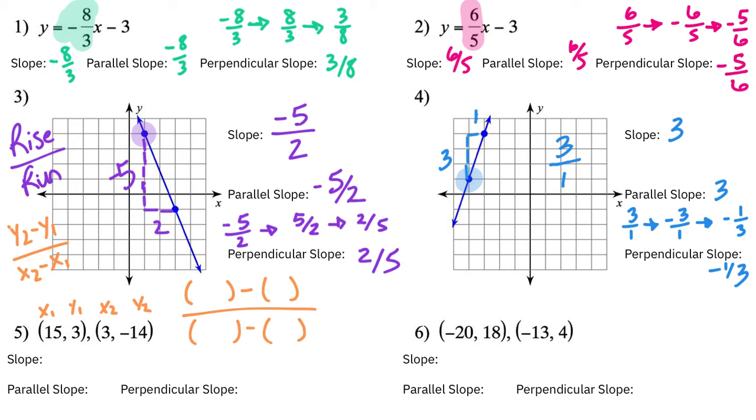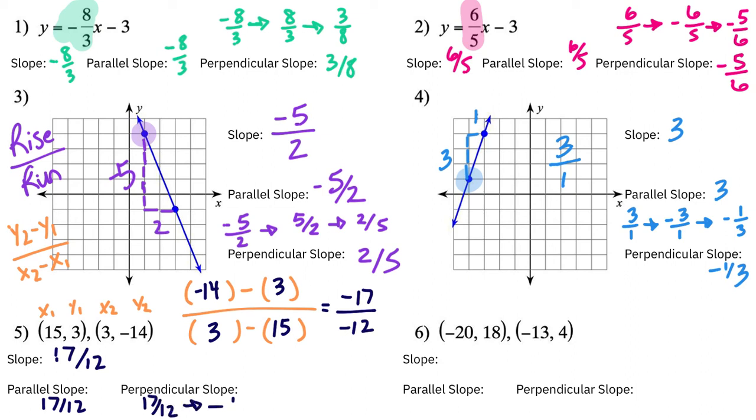So that's going to be negative 14 minus 3 and 3 minus 15. That will give me negative 17 over negative 12. There's no way to simplify that other than to divide the negative by the negative and get a positive. So my slope is 17 over 12. My parallel slope is 17 over 12. My perpendicular slope, 17 over 12, becomes negative 17 over 12, becomes negative 12 over 17.